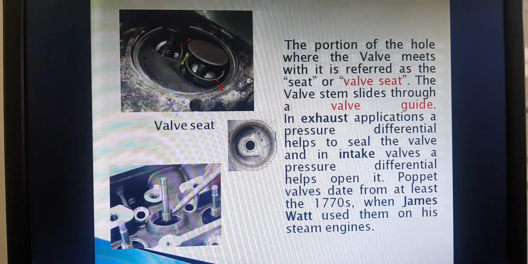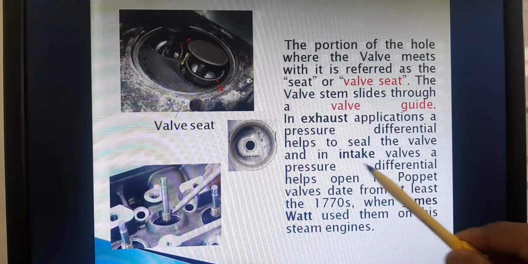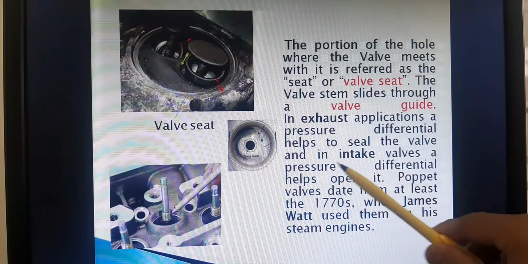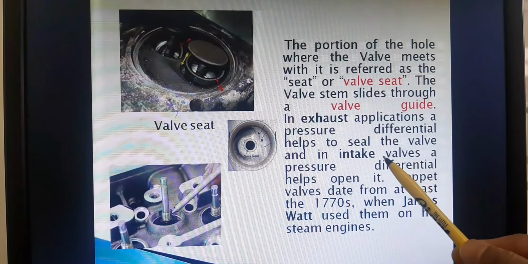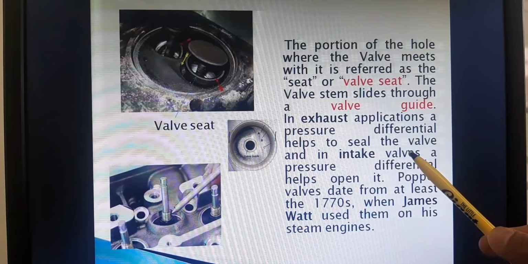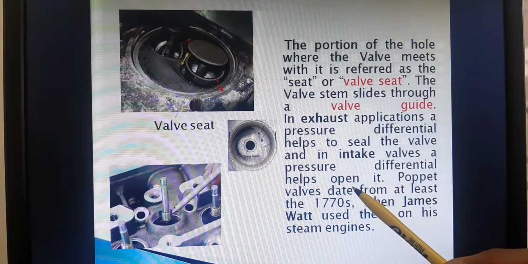And in intake valves, a pressure differential helps open it. All right. Why is there a pressure differential that helps the intake valve? Okay? To help open it.